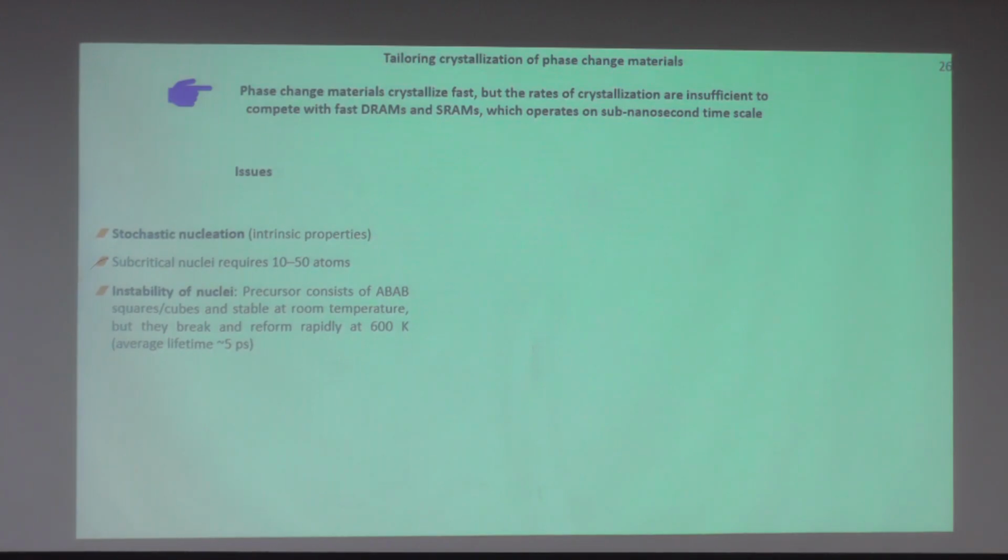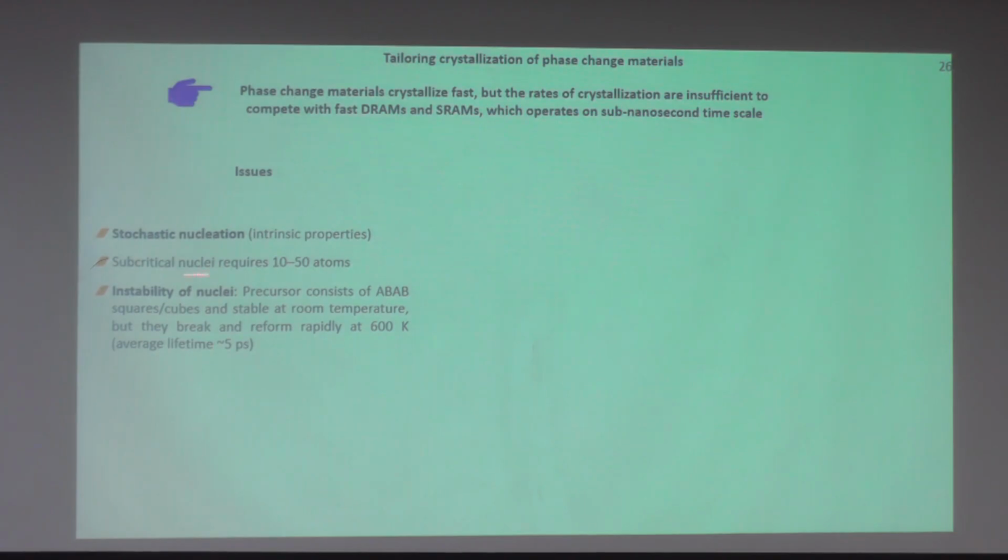The issues we know already are connected to some intrinsic properties of phase change materials, namely stochastic nucleation. For the formation of a nucleus, we need at least 10 to the 5 atoms.